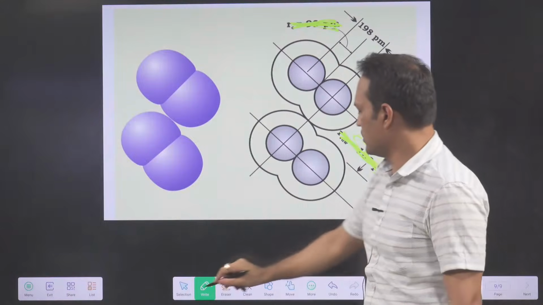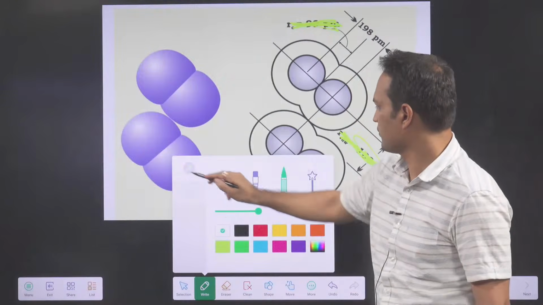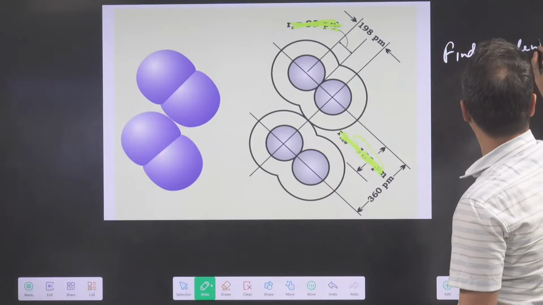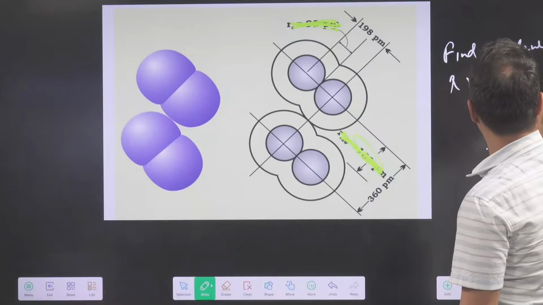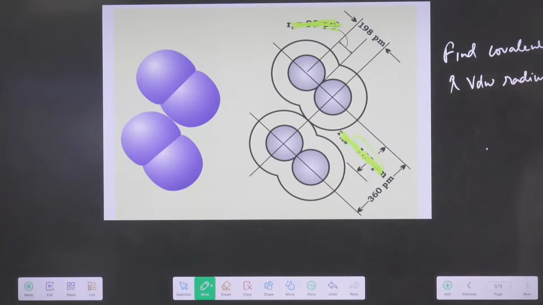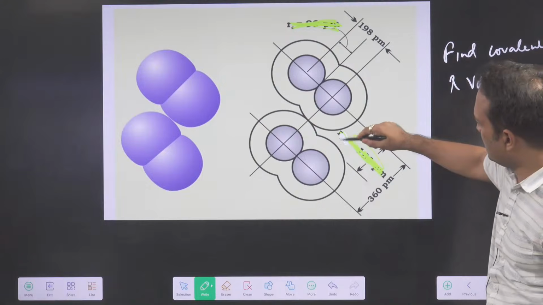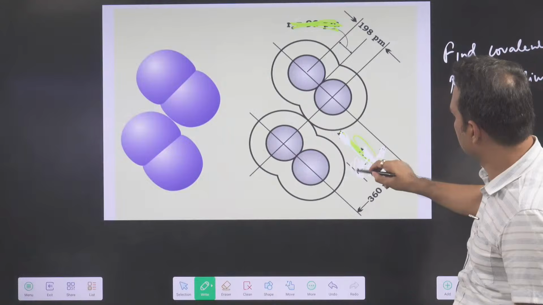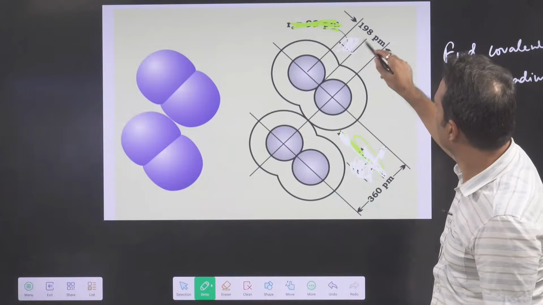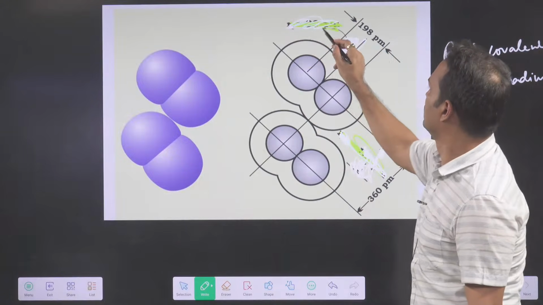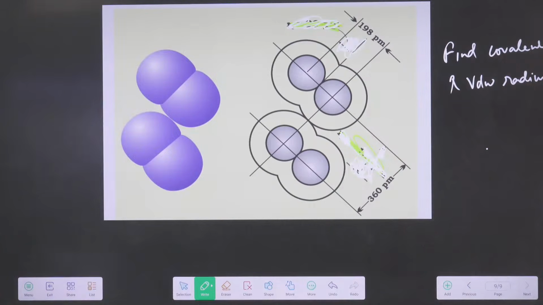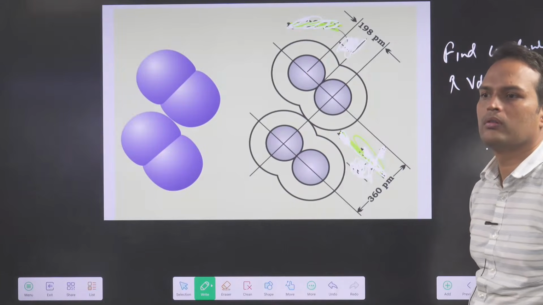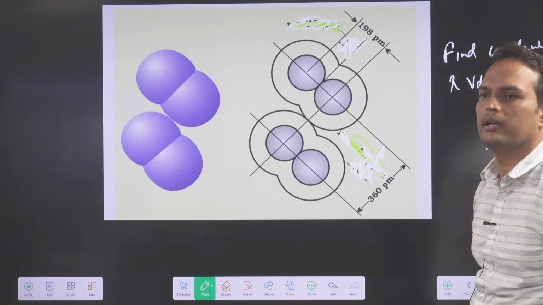And the question is, find covalent and van der Waal radius. These all things will not be there. Clear?